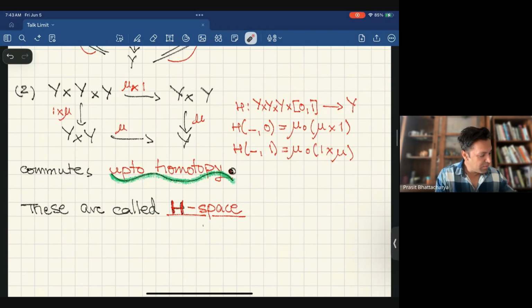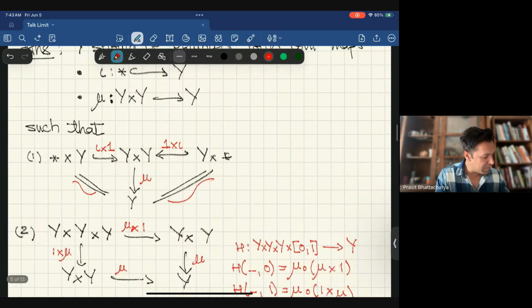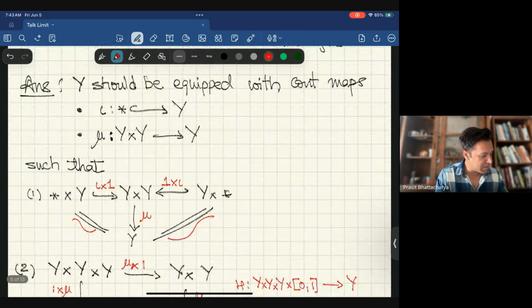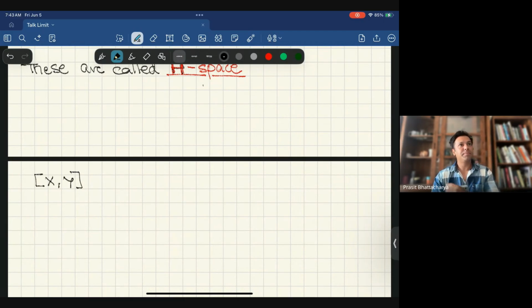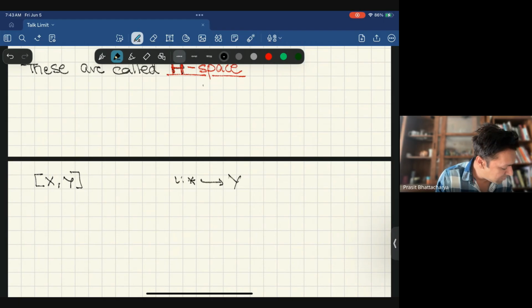So what does this unit map give me? Let's ask. And what does this multiplication map give me? So let's look at homotopy classes of maps from X into Y. Now I have a unit map, and let me call y0 the image of this point.